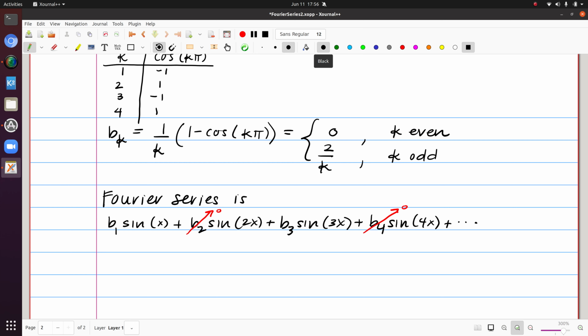Plugging in the pattern, for b sub 1, we should get 2 over 1. And this is sine of 1x that it sits in front of.